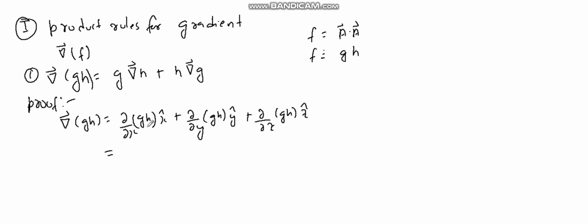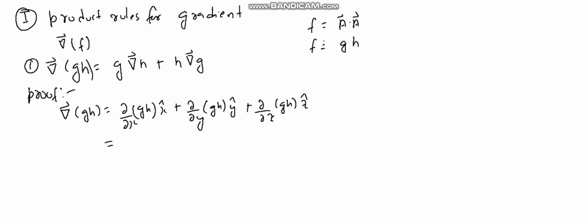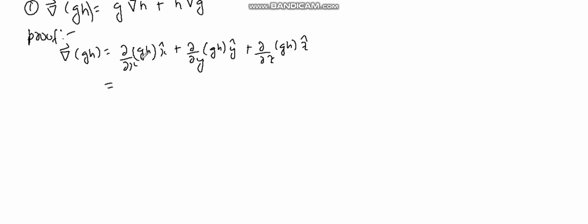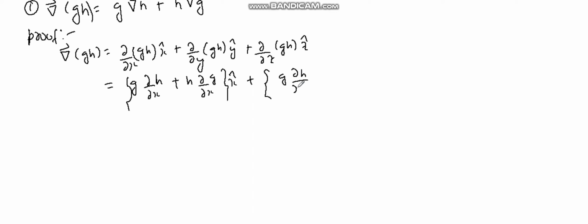So this is the simple derivative of these two scalars, and we will use the product rule. Okay, g times del h by del x plus h times del g by del x, x cap plus g times del h by del y.